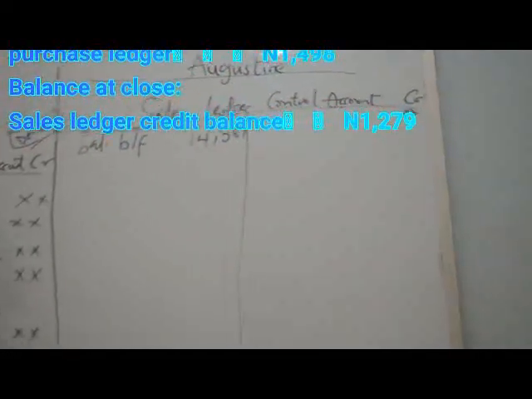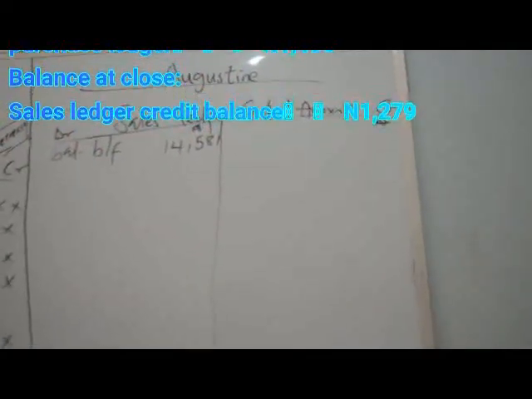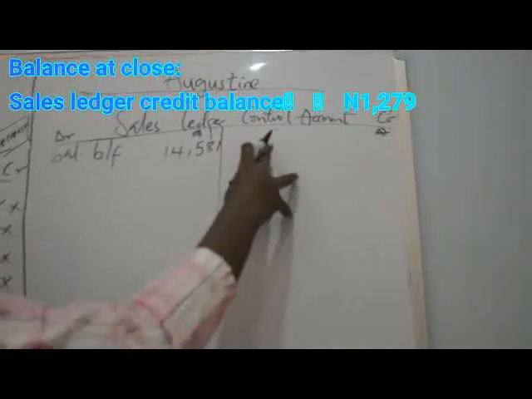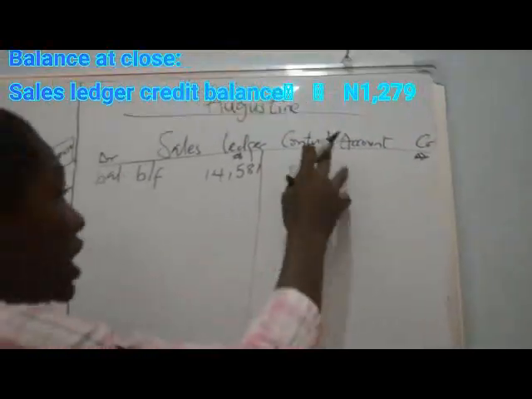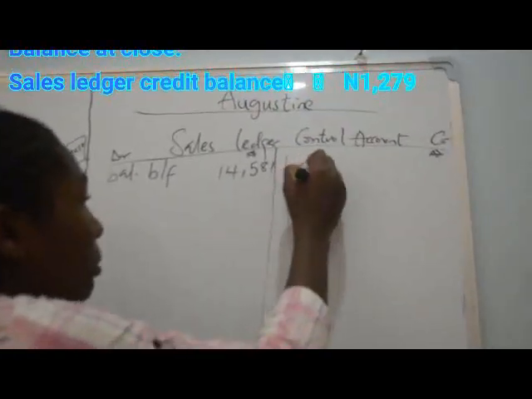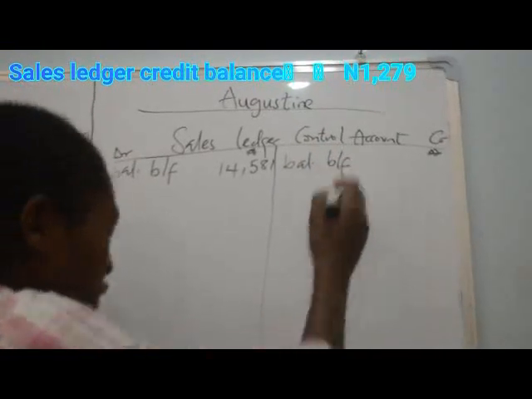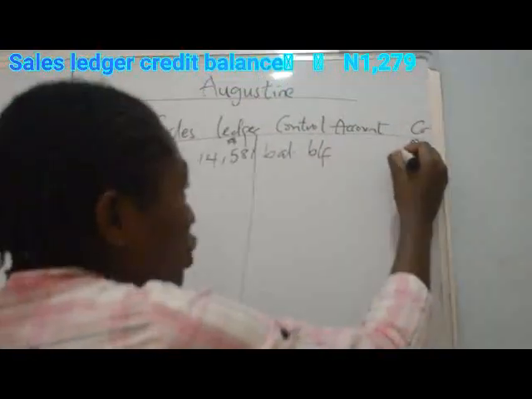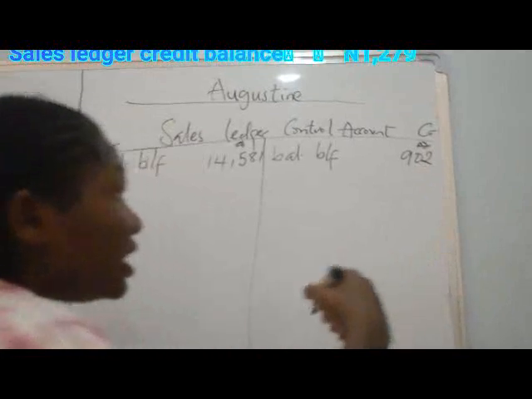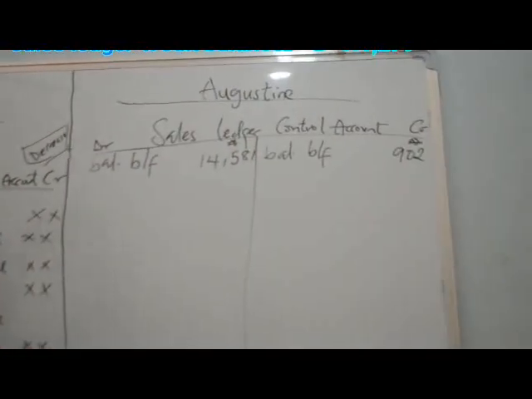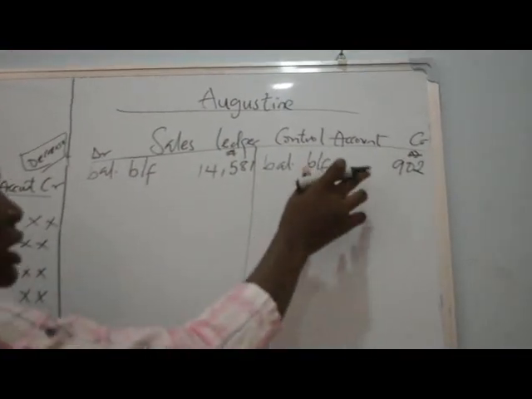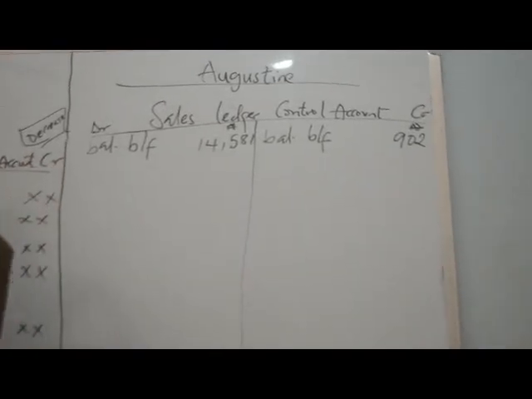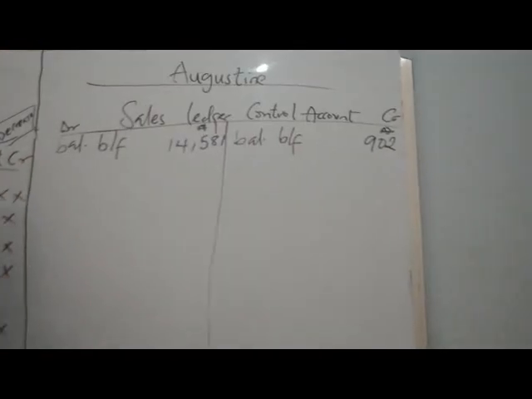Now it was also from the previous month, okay? So since it's from the previous month, we'll simply be entering it as a balance brought forward on our credit side. So this is also a balance brought forward, and that amount is 902 naira. Right, meaning this was a carry down, a credit balance in the previous month. But the carry down was in the debit side, so the brought down will be on the credit side.